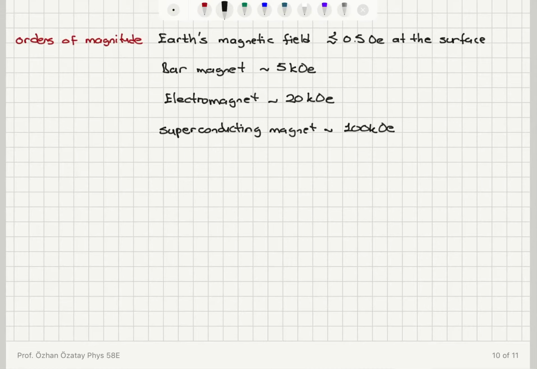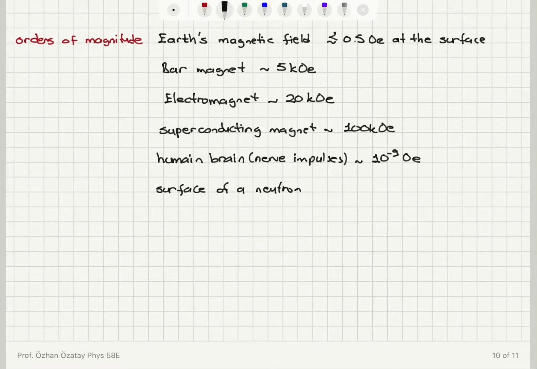If you look at the human brain, the magnetic field created by nerve impulses, because we have charged particles moving in our brain, according to Ørsted, they will create a magnetic field. It's in the nano Ørsted range. It's very, very small. On the other hand, the magnetic field at the surface of a neutron star is of the order of 10 to the 11 Ørsted, so quite high magnetic fields.